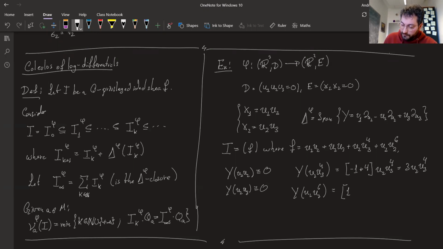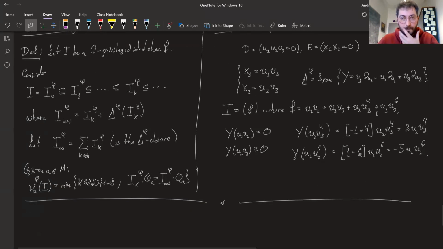And then we're going to have minus this derivation. When we apply u2 du2 to this, the 6 is going to go down, but with a sign of minus. So here -6 appears, and then the same monomial, u1 u2^6. So this is going to be equal to -5 u1 u2 to the power 6.